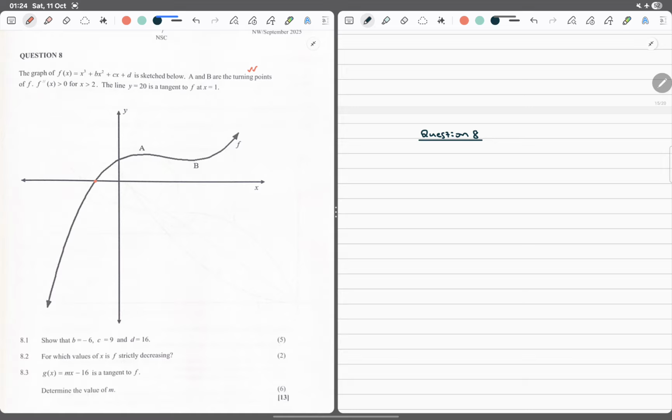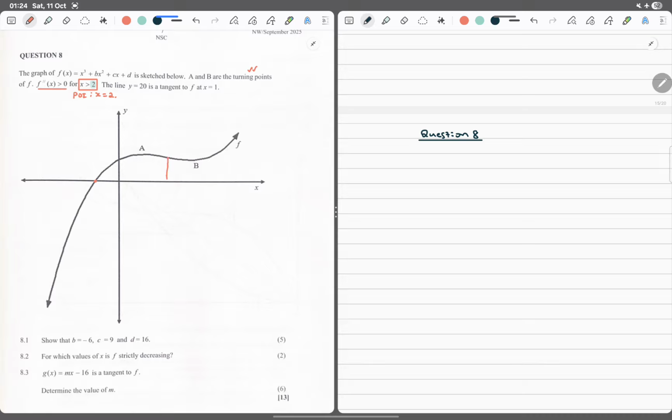Okay, now we're told that f prime of x is greater than 0 for x greater than 2. So it means that the point of reference is the x at the point of inflection. Already this means the graph changes concavity. Perhaps 2 is over there.